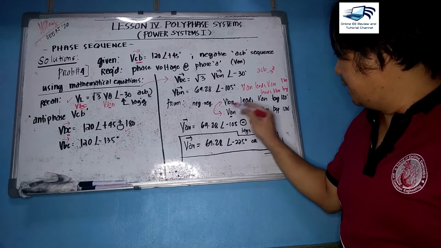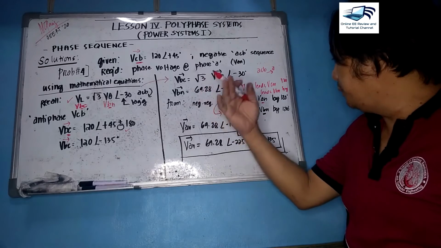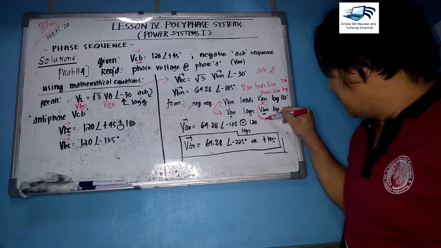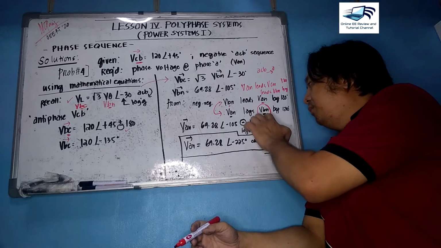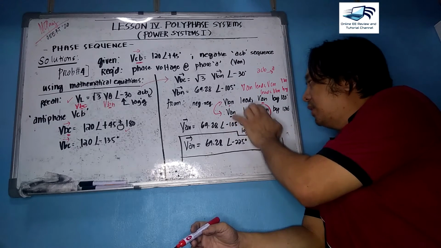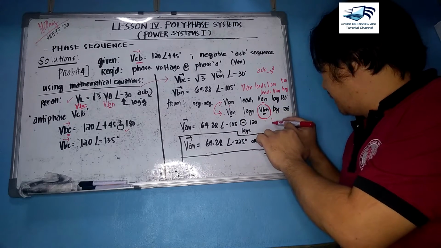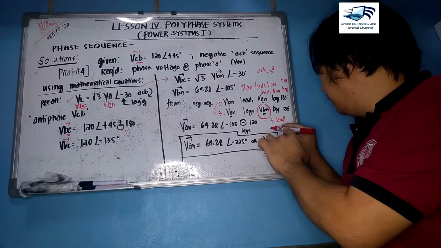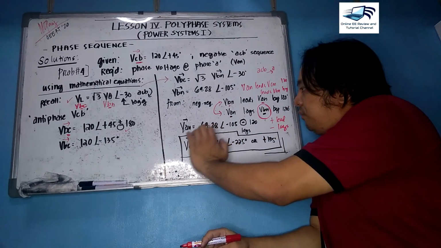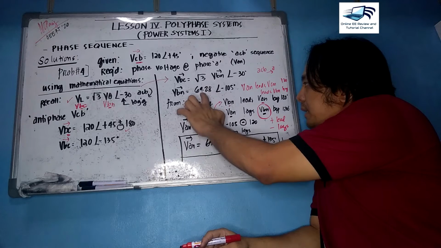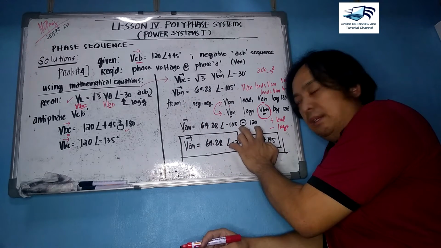Because here, we are given VBN, thus we need to have the reference VBN instead of VAN. So instead of leading, it will become lagging. So when you say lagging, again, plus is lead, while minus is lag. So thus, to get VAN given VBN, you need to have a lagging condition of 120.